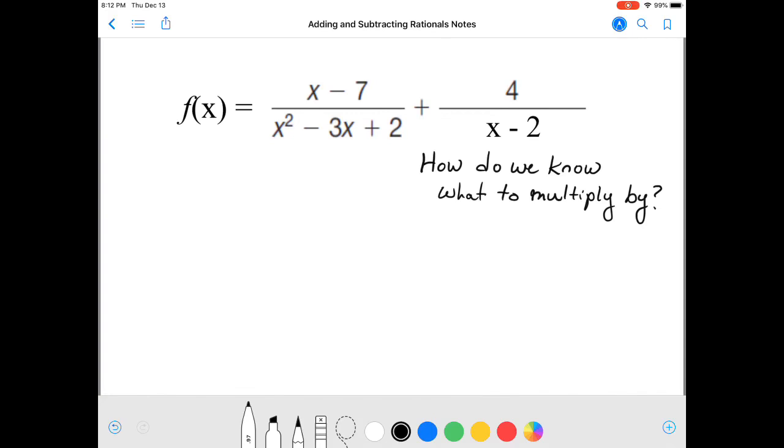To figure that out, we're going to have to factor our other denominator.